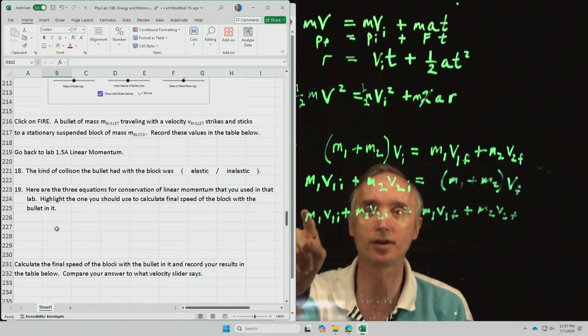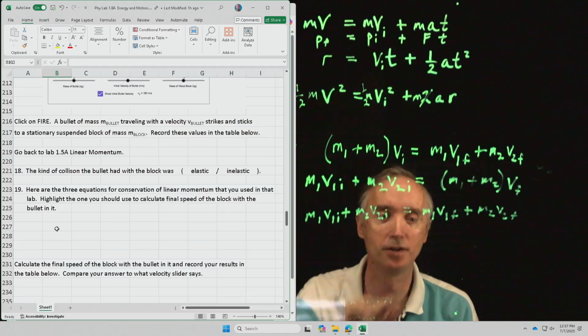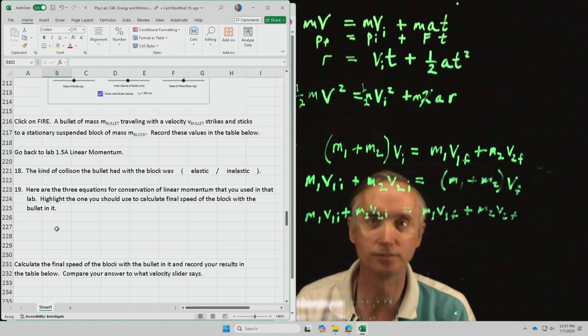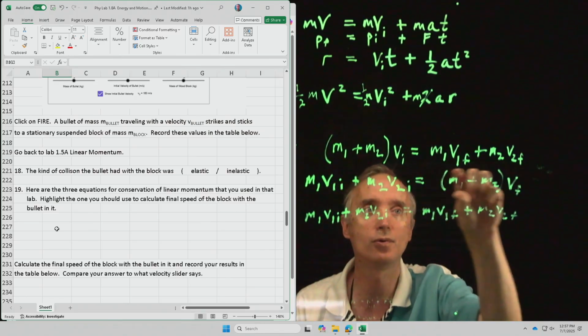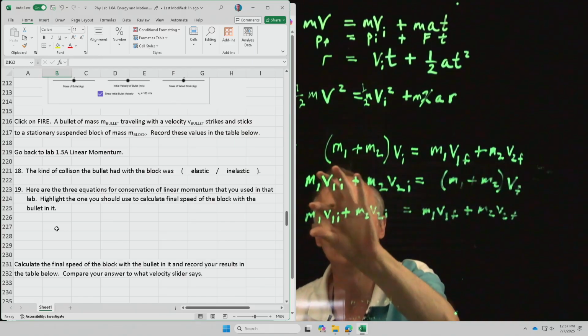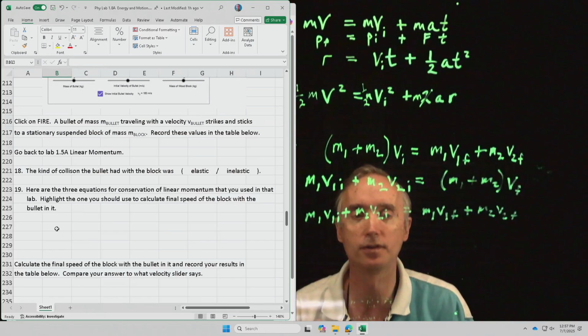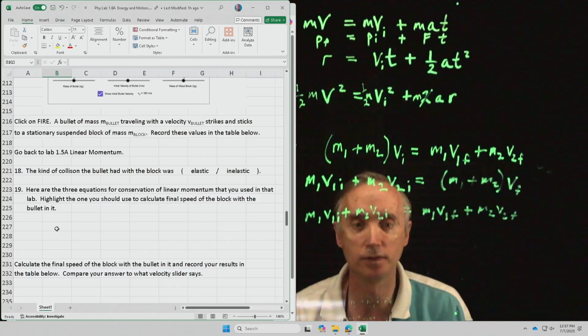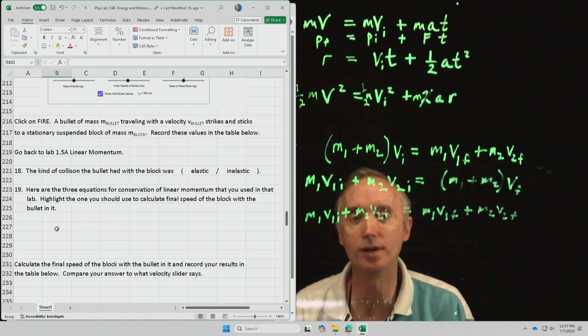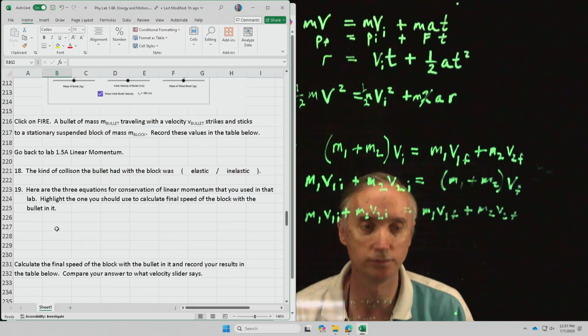So this was another kind of collision. You're going to use either this equation or this equation to find the final speed of the block when it's got the bullet in it.